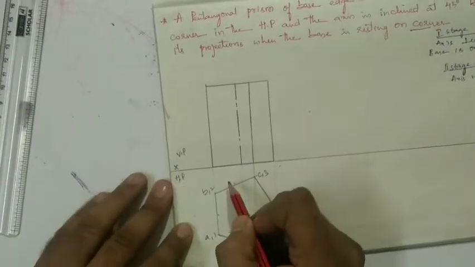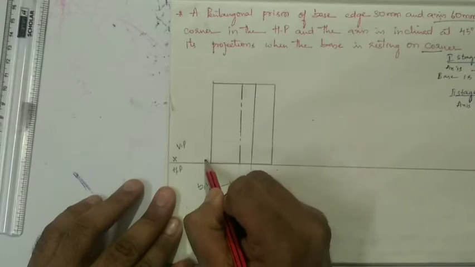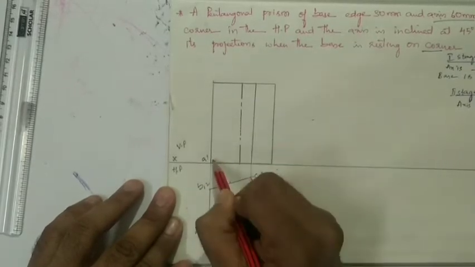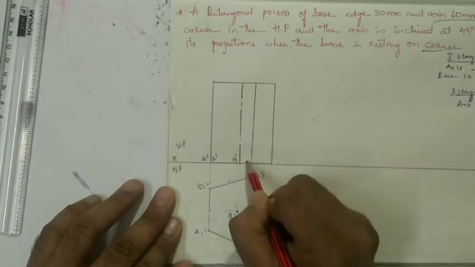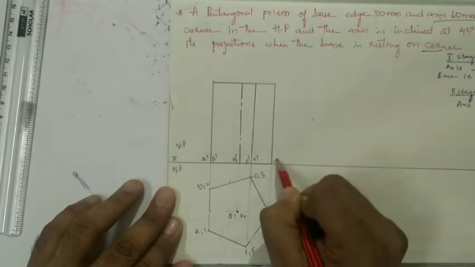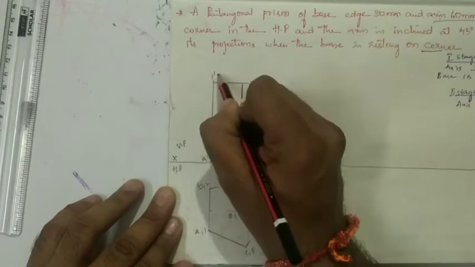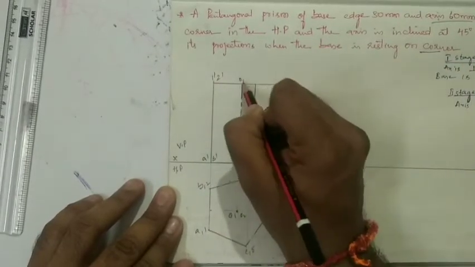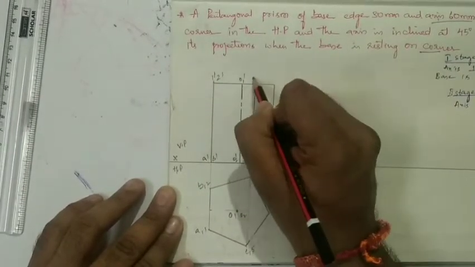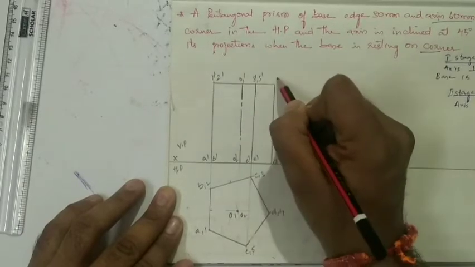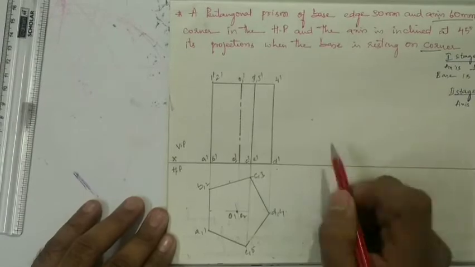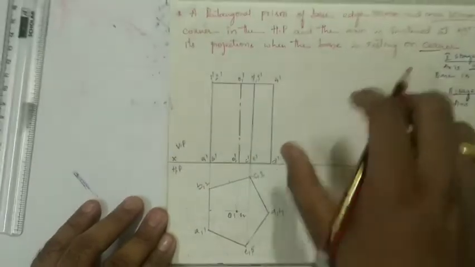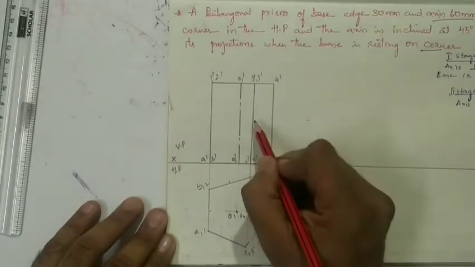For the base, we give the labels in alphabetical order: A dash, B dash, here is O2 dash, C dash, E dash, D dash, 1 dash, 2 dash, O1 dash, 3 dash, 5 dash, 4 dash. In the same manner, you just need to tilt this axis portion inclined at 45 degrees. So this is my first stage.